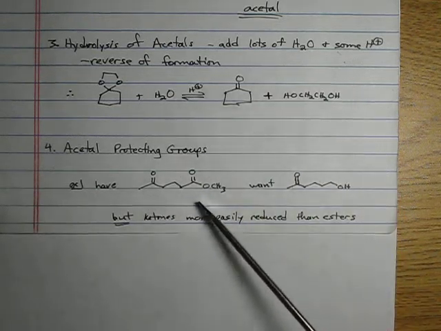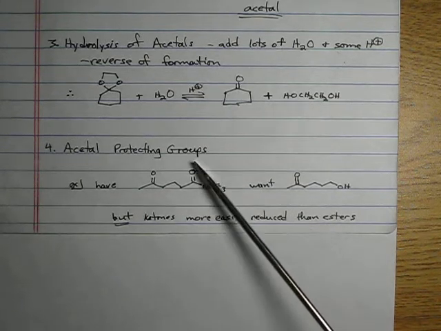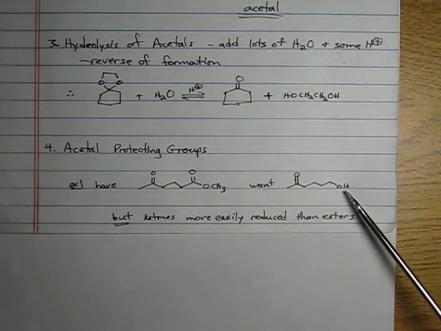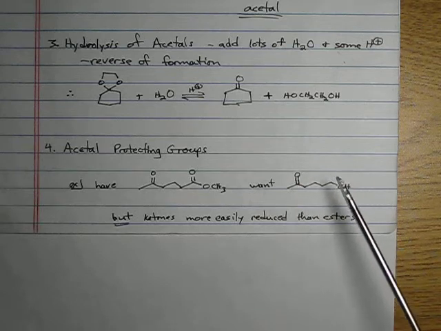You have this molecule here, has both a ketone and an ester on it, and you want to convert the ester into the alcohol. Now, good news, we know how to convert esters into alcohol. That's just lithium aluminum hydride.